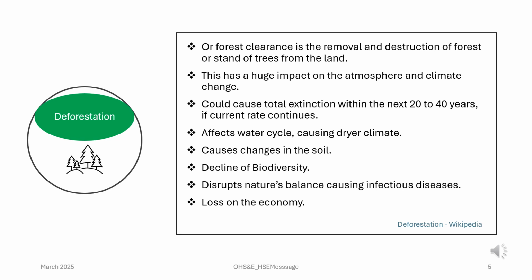Opt for digital documentation and communication instead of paper wherever possible. This reduces the need for paper products and helps conserve forests. By taking these steps, individuals can contribute to the global effort to combat deforestation and promote a more sustainable future.